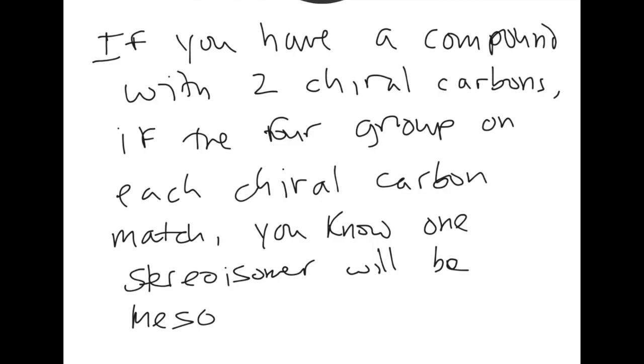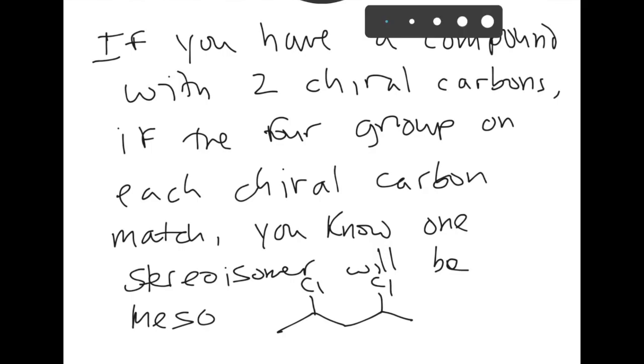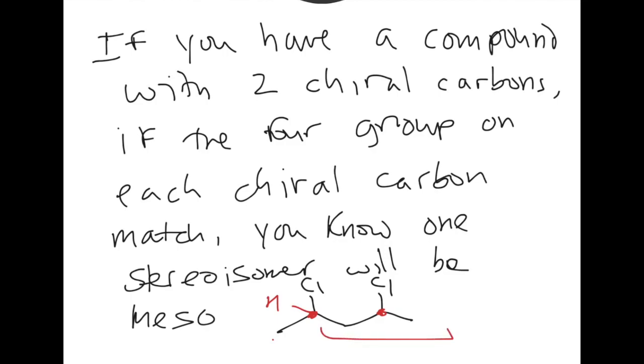So what I mean by that is, let's say we had this molecule. It has two chiral carbons here and here. And the groups on both chiral carbons are the same. I have a chlorine, a hydrogen, and a methyl, and then whatever we would name this chain.